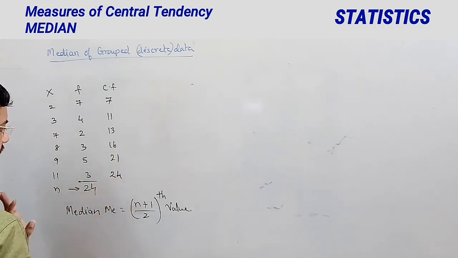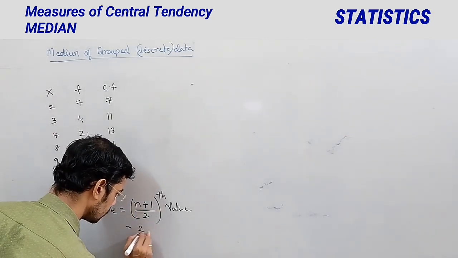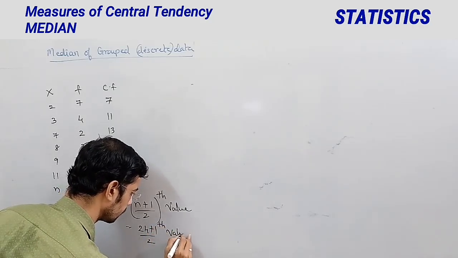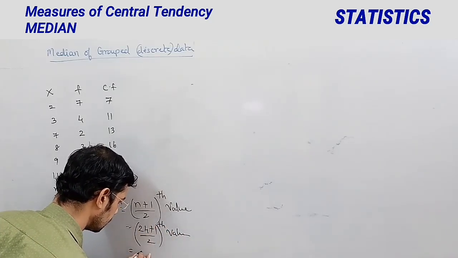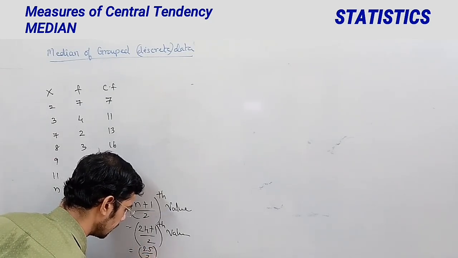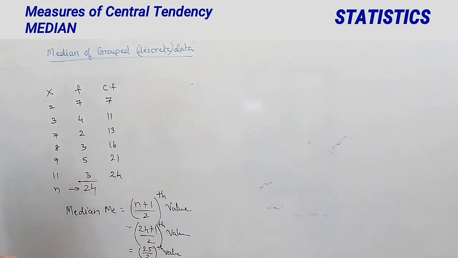Now what are we supposed to do? We need to find out what n is. n is 24, so this is the 24 plus 1 by 2th value, which is 25 by 2. What is 25 by 2?